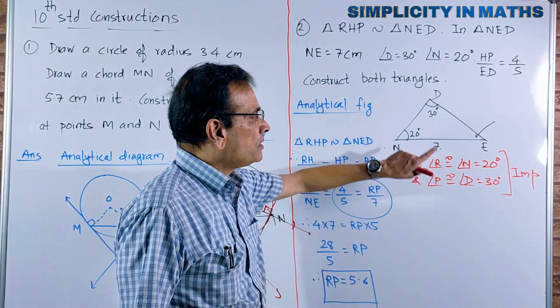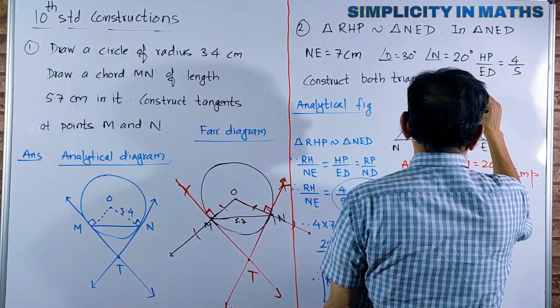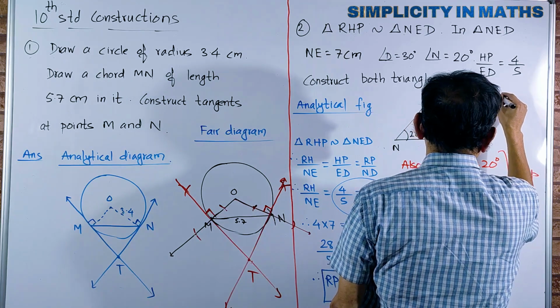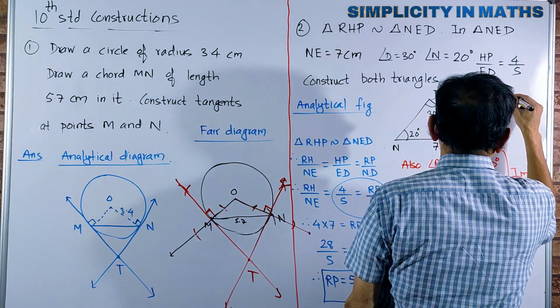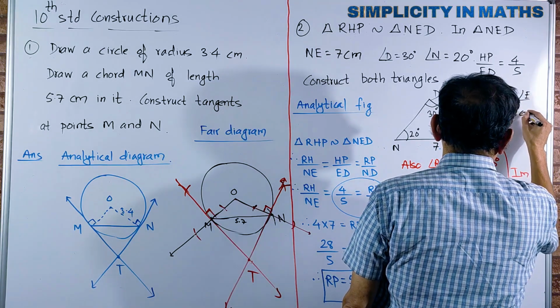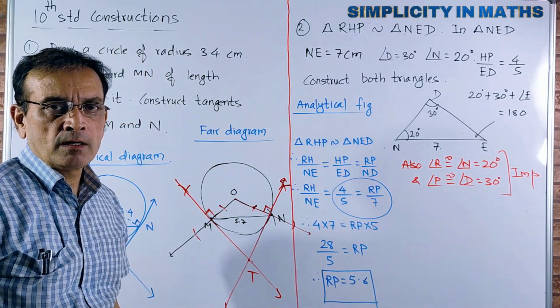So how do you find out angle E now? Sum of the three angles is 180.